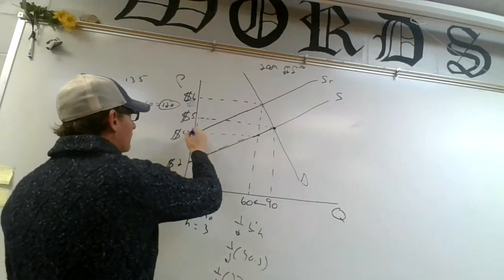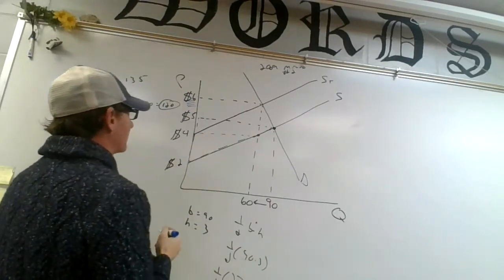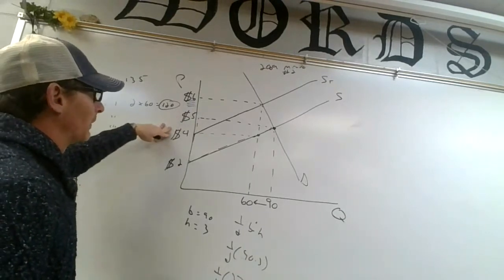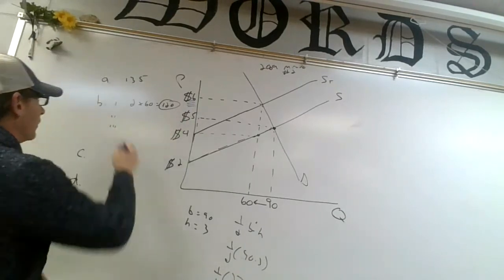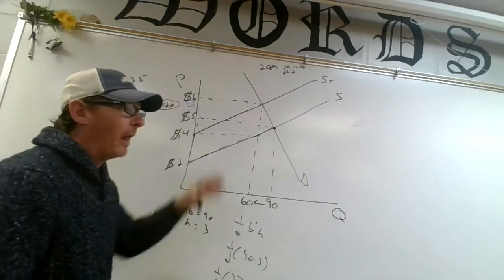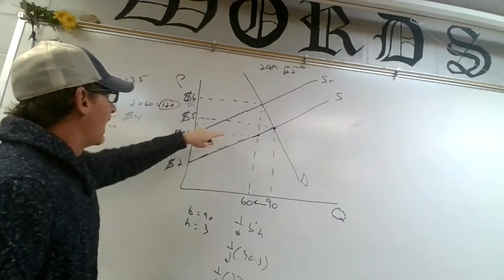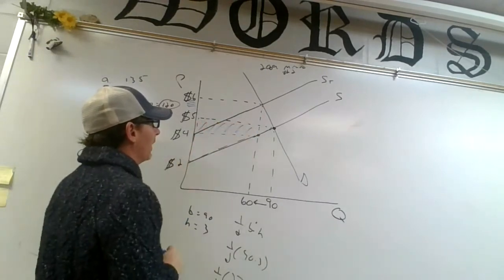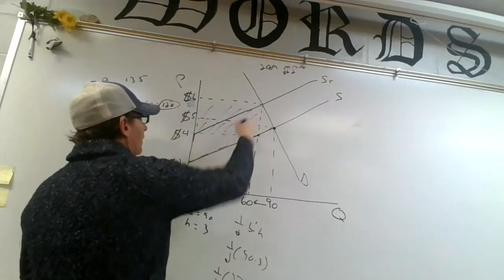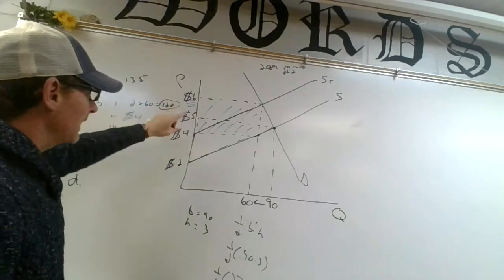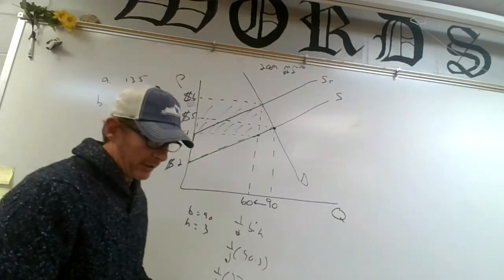So the sellers are only getting $4. Originally the sellers were getting $5, and now they're only getting $4 every time they sell a good. This amount is being passed on to the producer, and this much to the consumer. It's actually even, because the graph, I have it looking wonky.